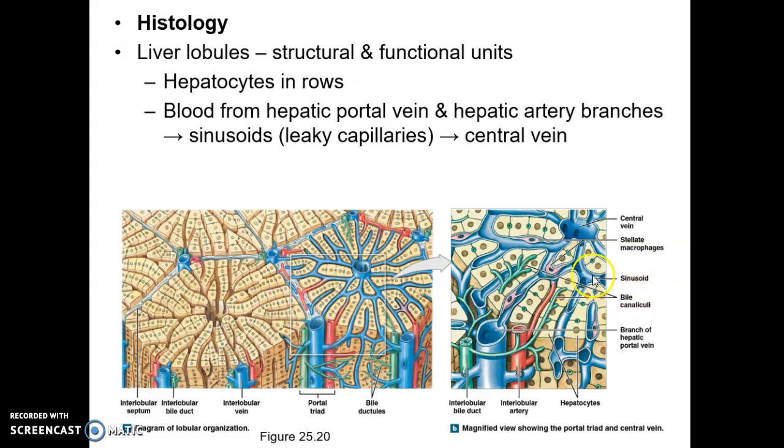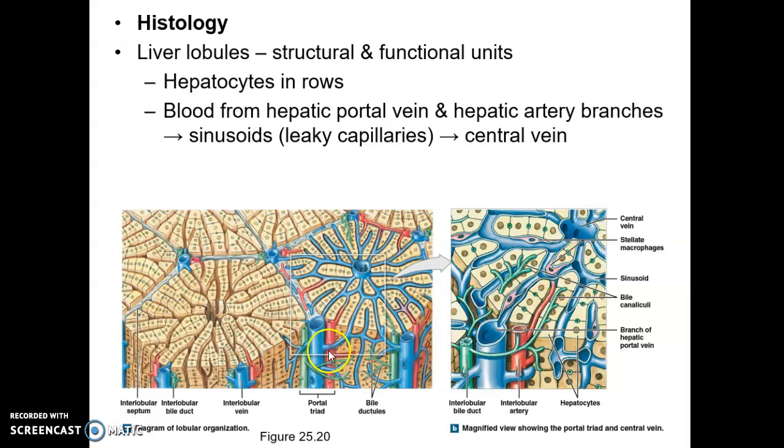Sinusoids are nice leaky blood vessels, thin capillaries, so that the nutrients can be exposed and readily available to the hepatocytes for processing. Okay? And then the blood will percolate towards the central vein.